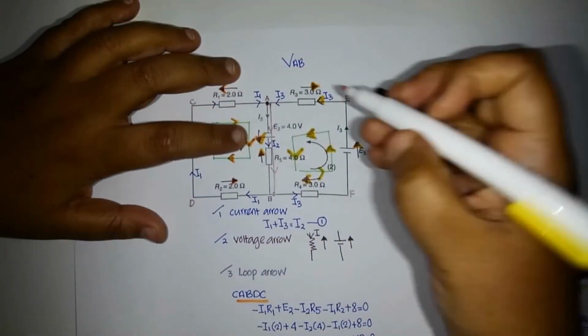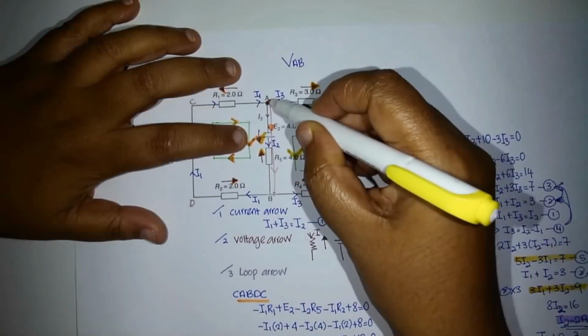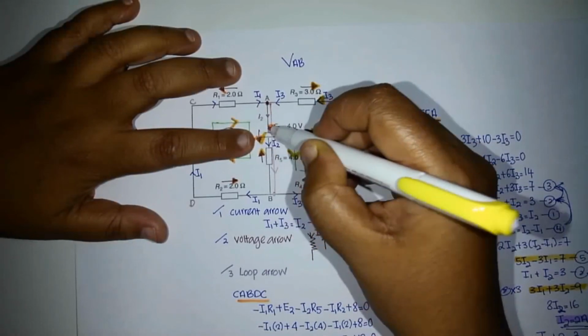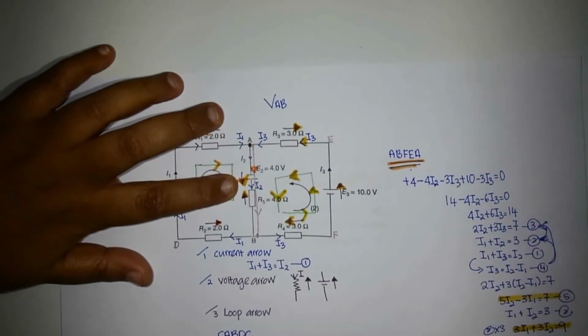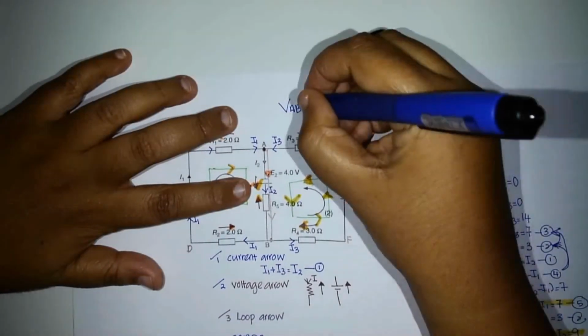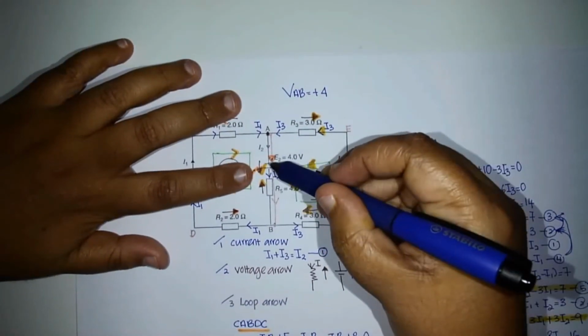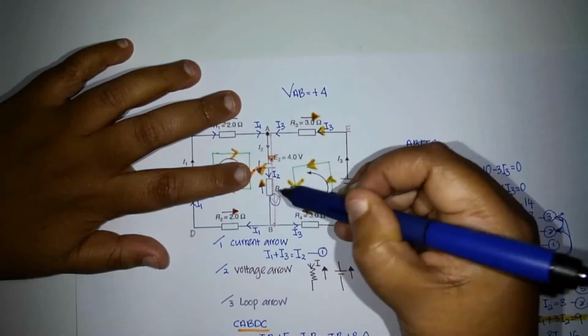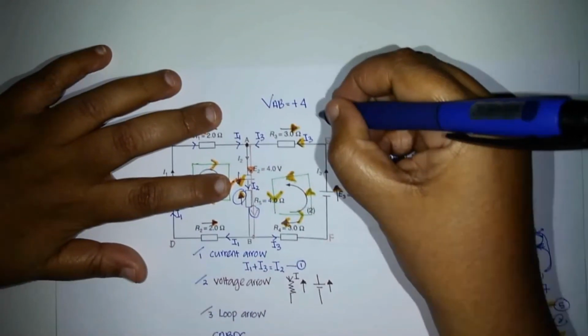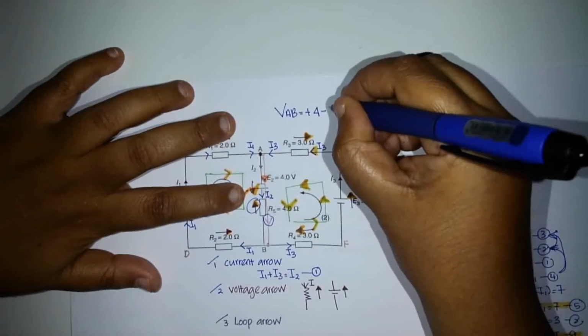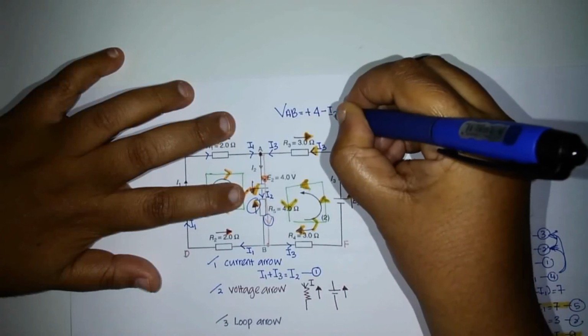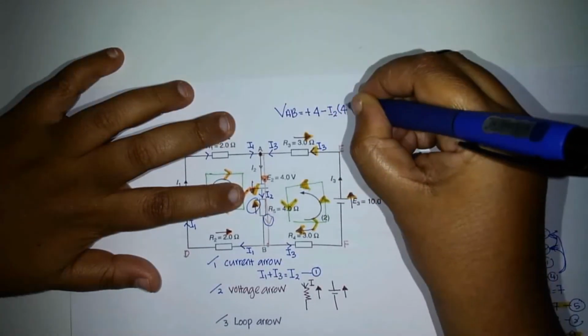Then you compare the direction that you're following with the voltage arrow. So you are following, the direction is the same, so you put plus 4, and then you come here, the direction is opposite, so you minus I2 R5, which is 4.